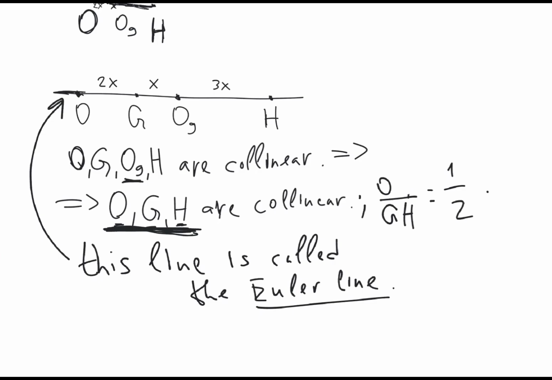So the centroid divides the segment connecting the circumcenter and the orthocenter in the ratio of 1 to 2. So this is the Euler line, and the center of the 9-point circle also lies on this Euler line. So that's it for this video.